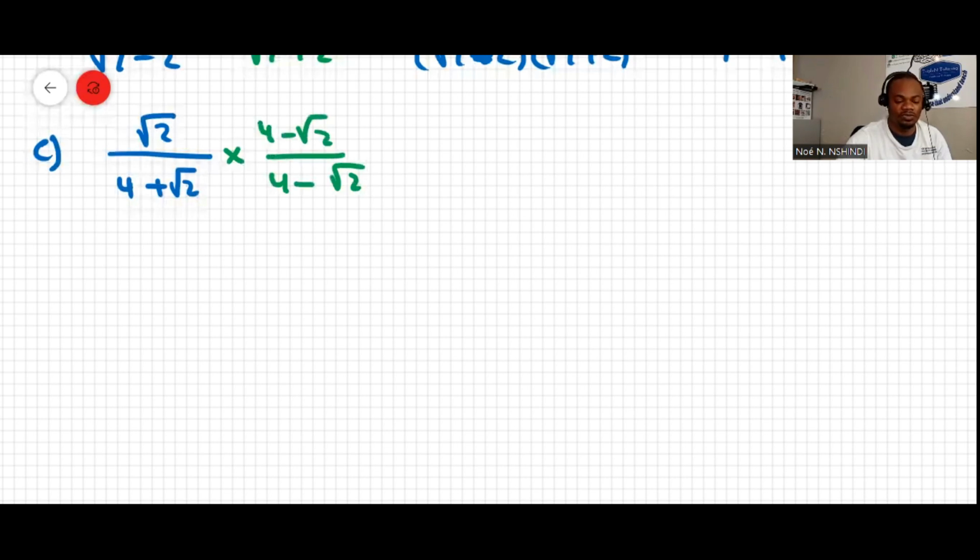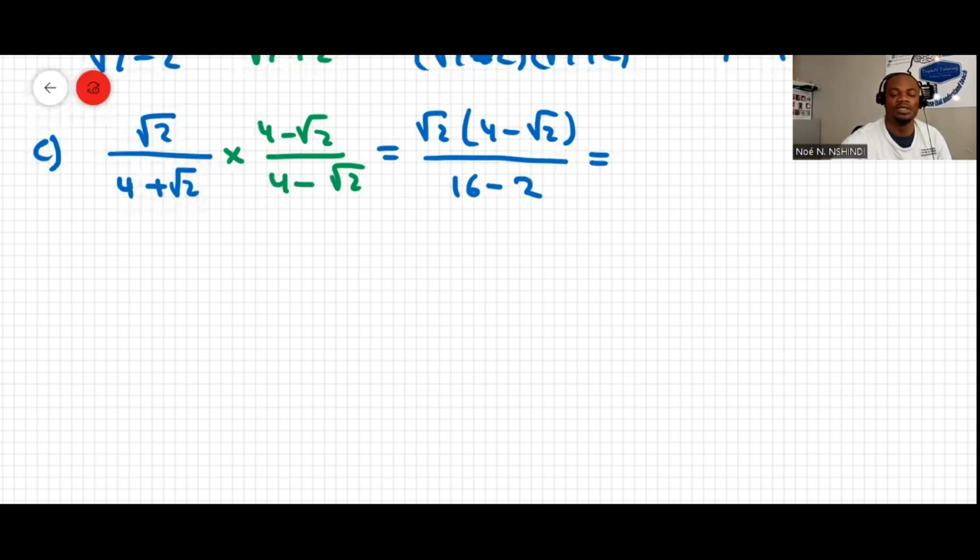We know this is just 1, so it doesn't really change the value of the given expression. And then this would be root 2 open bracket 4 minus root 2, over the difference of two squares here. 4 squared is 16, and then negative root 2 to the power of 2 is 2.